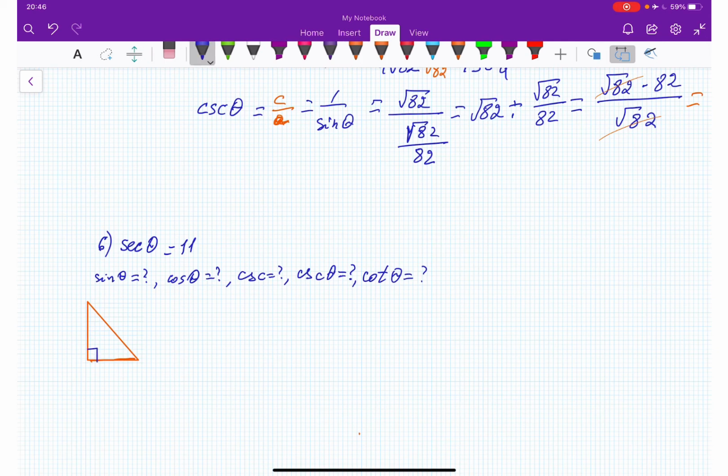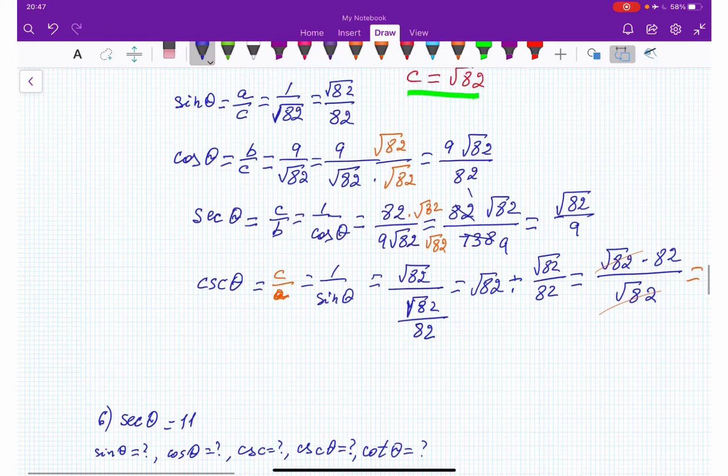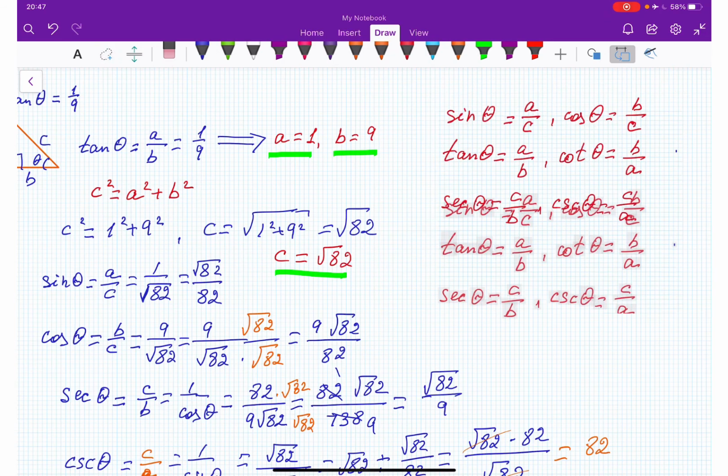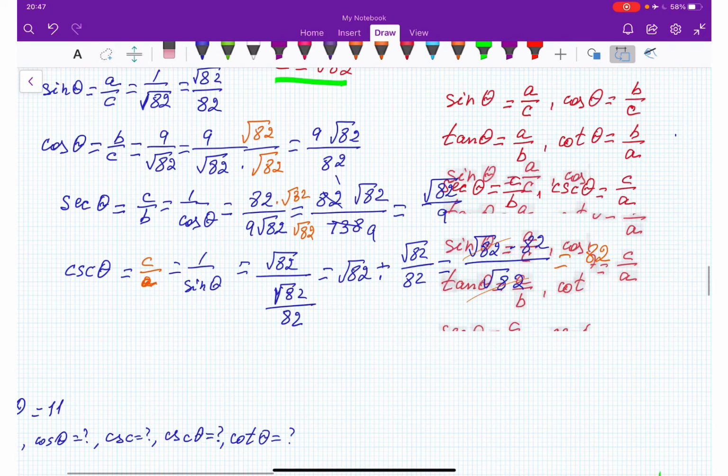This is our right angle. All right. So what do we have? If this is my alpha, let's say, this is A, this is B, two legs, and the hypotenuse will be C. So secant is equal to 11. So based on the identity definition, let me bring this down, the identity formula.